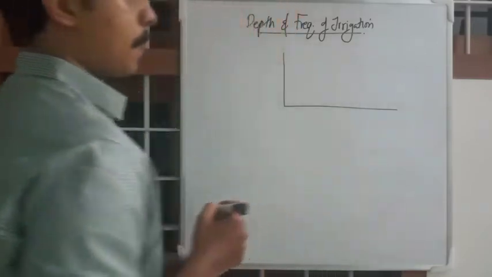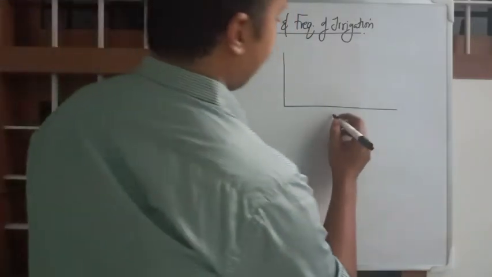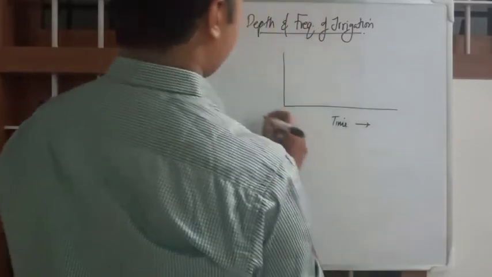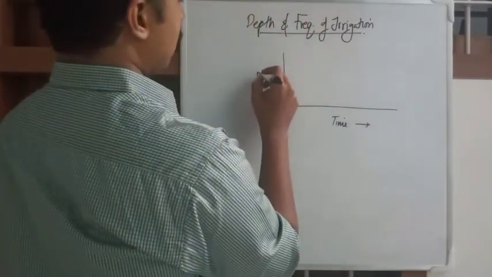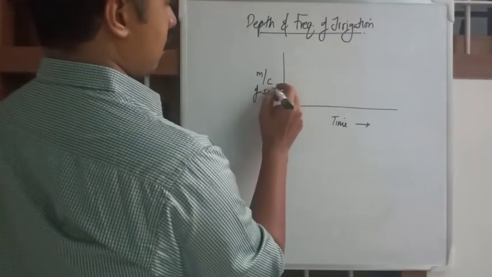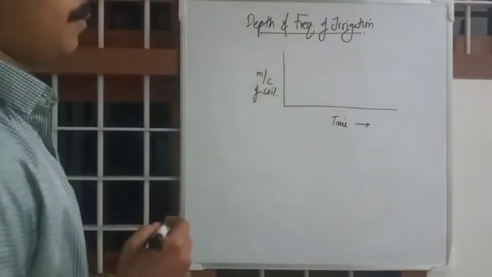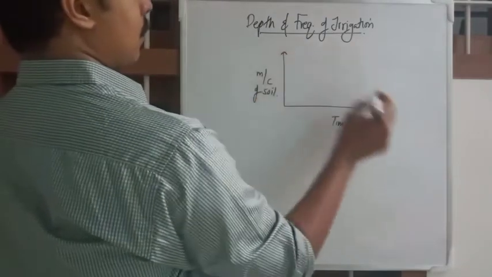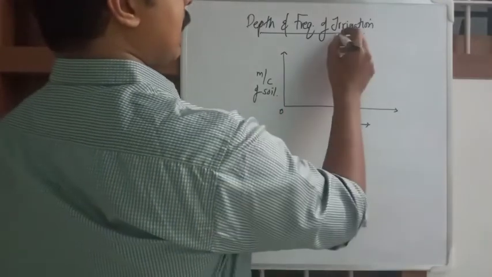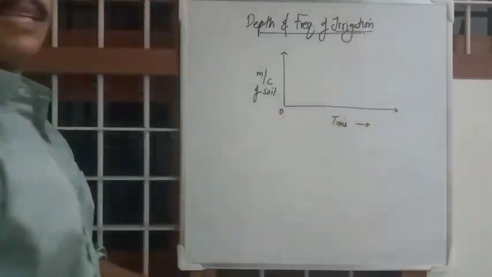In this, the x axis is time and the y axis is moisture content of soil. Okay, so it is based on irrigation. How do we irrigate water?